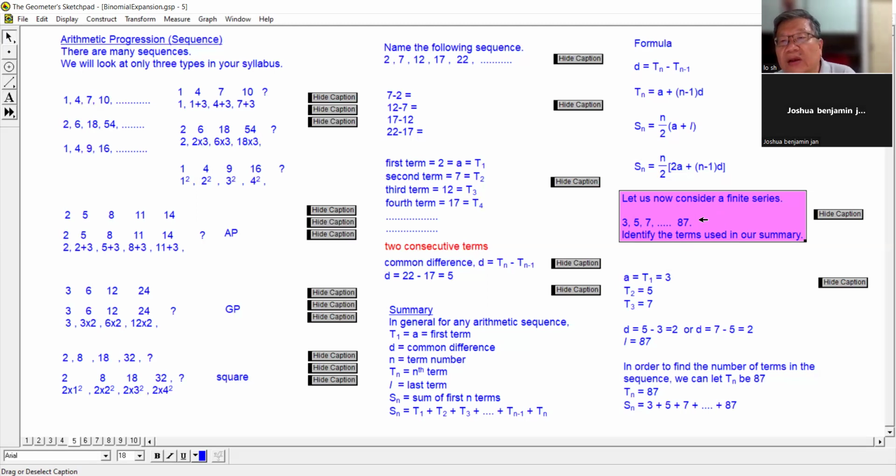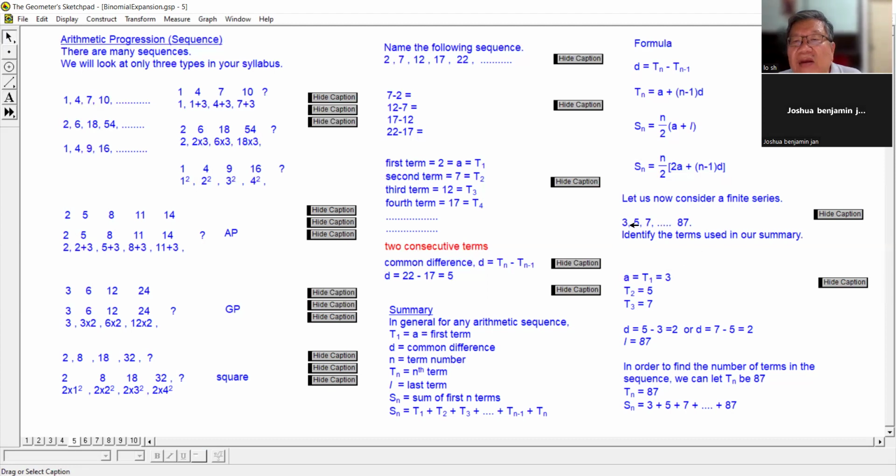Beyond this, no more. So using this sequence, 3, 5, 7, 87, can you tell me what is the first term?